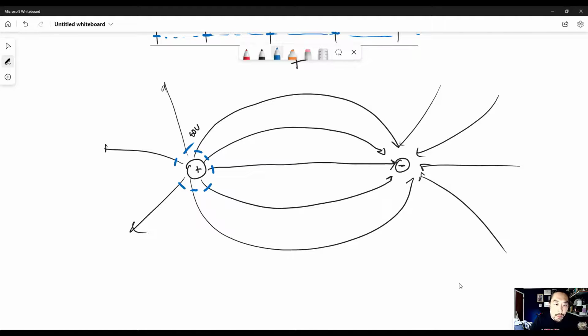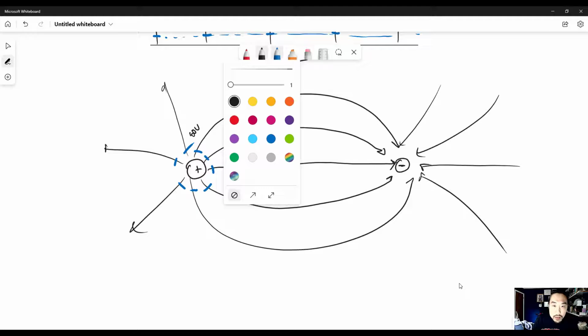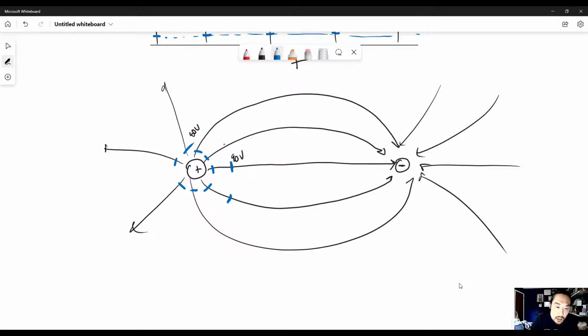As we go out, let's say that line represents 90 volts. This one represents 90, this one 90, that one 90, this one 90. Hopefully you're starting to get my drift here.